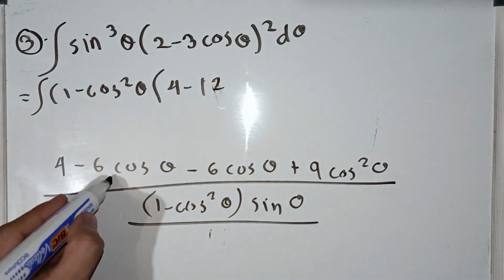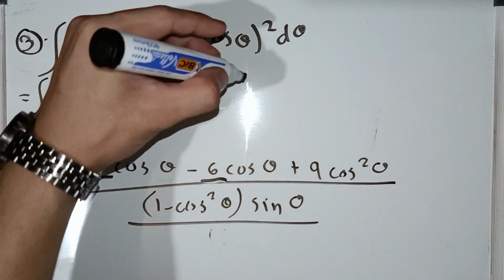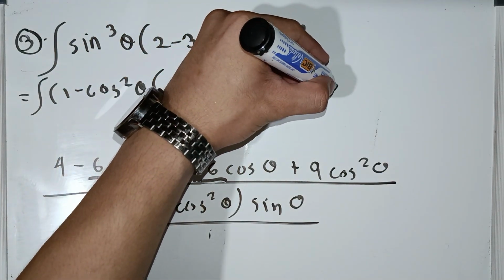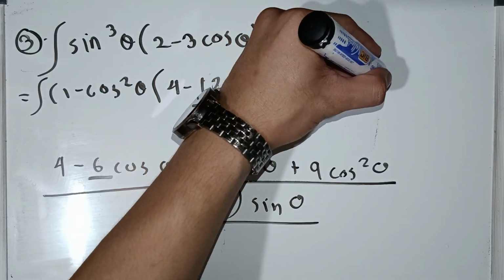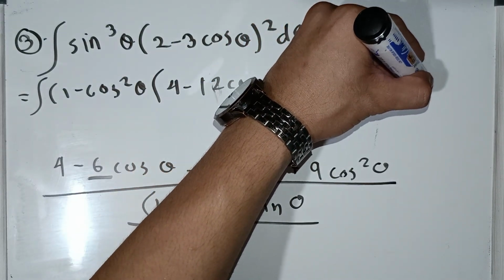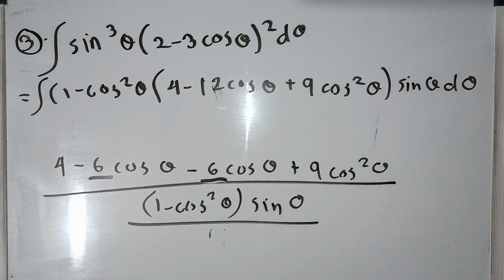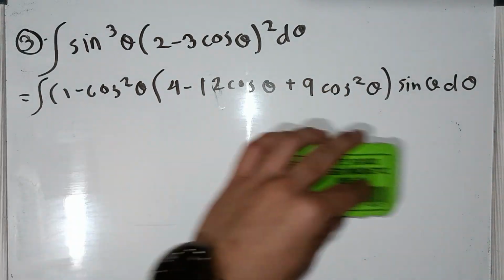We can now add these two, so that gives us 4 minus 12 cosine theta plus 9 cosine squared theta, sine theta d theta. So let's erase this first.